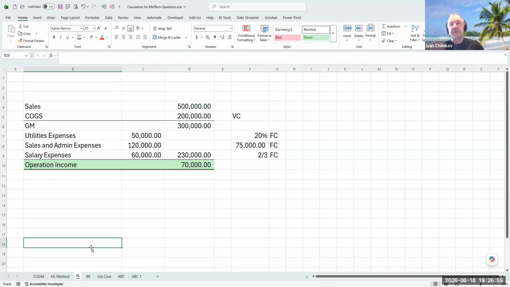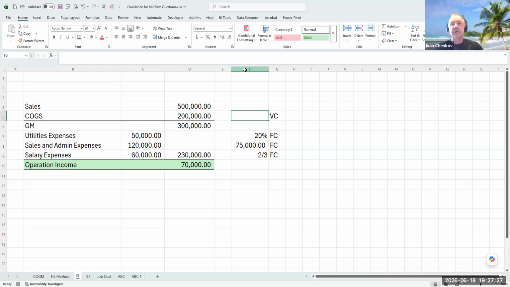Now, what you have to do is this information, which is presented in this type of format, you have to convert it into the contribution margin income statement. How can you do that? Well, you have to convert the cost, and you have to express cost only in two ways, as variable and fixed, nothing else.